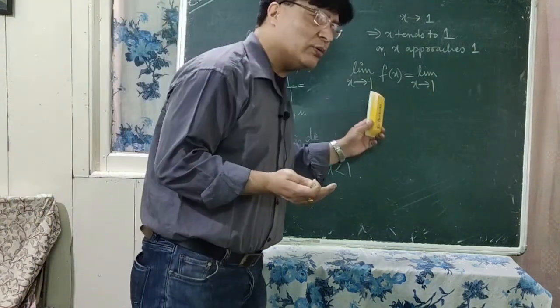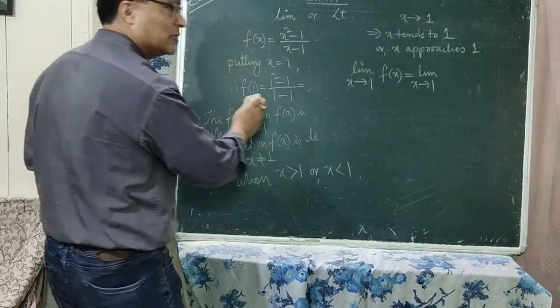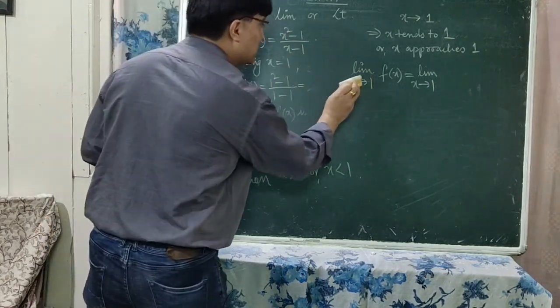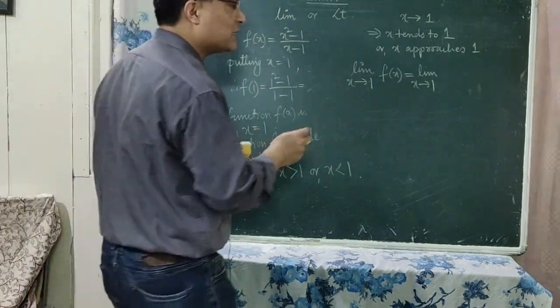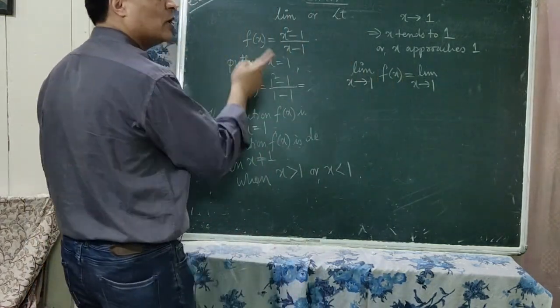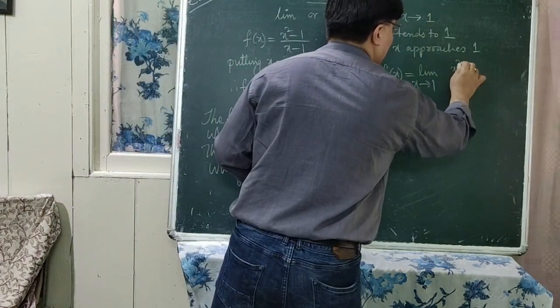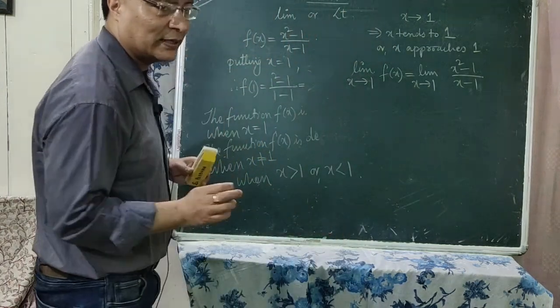So in order to get the defined value of the function f of x, we take limit x tends to 1 of f of x, which is equal to limit x tends to 1 of x square minus 1 divided by x minus 1, right?